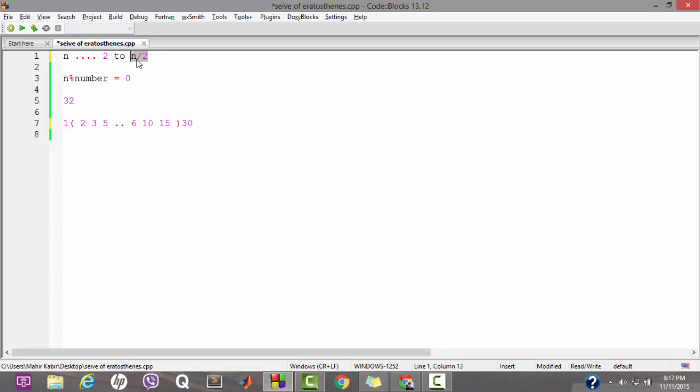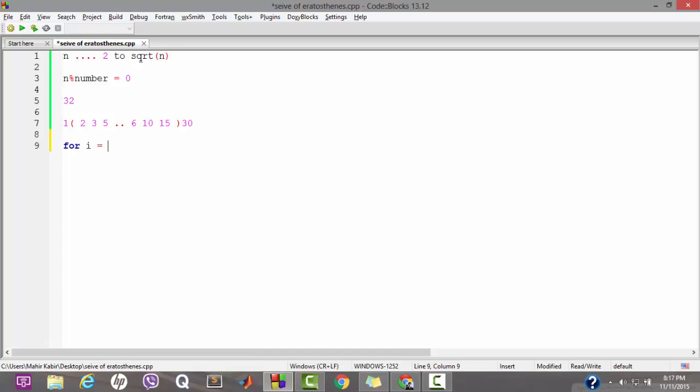So we can replace this n by 2 to square root of n. If we run a loop that goes from 2 to square root of n, and if we don't find any number such that n mod that number is equal to 0, then we will call n a prime number.